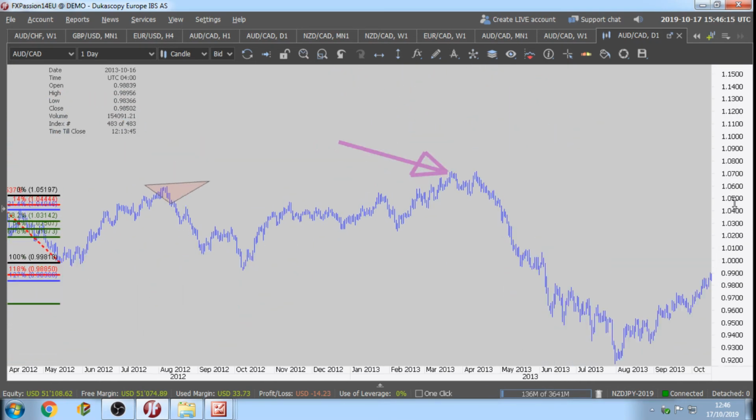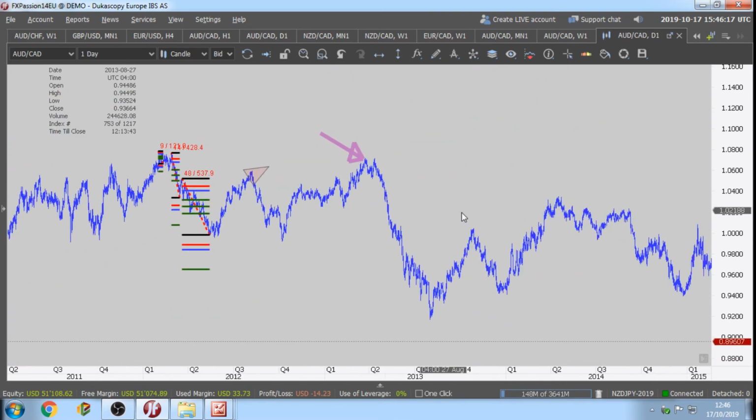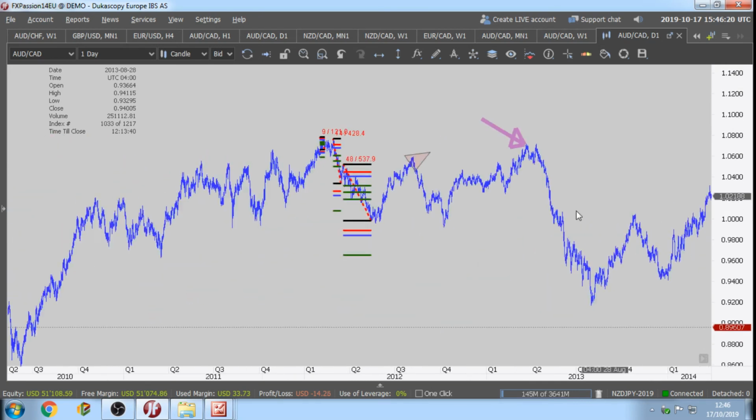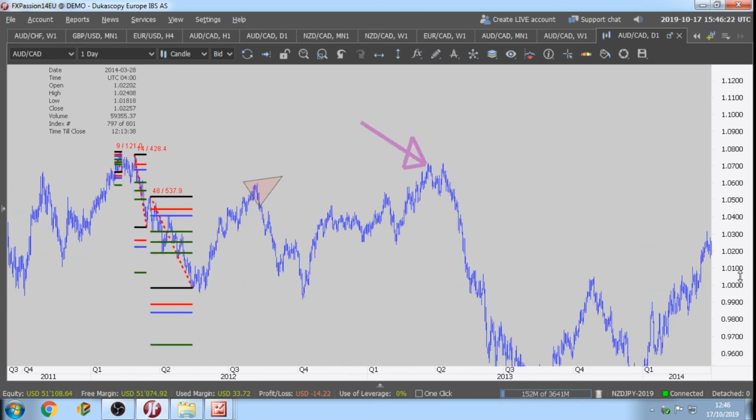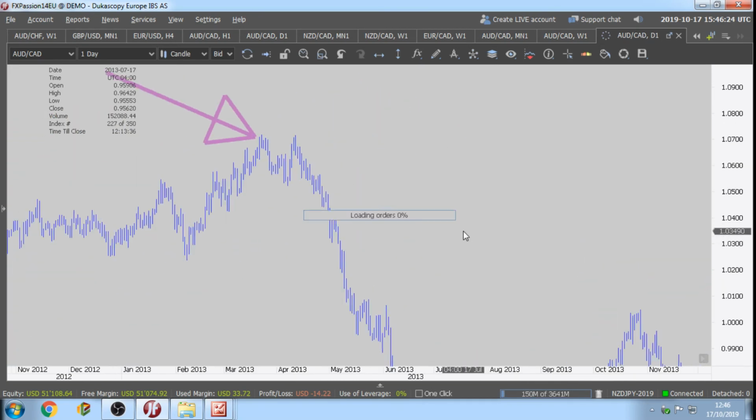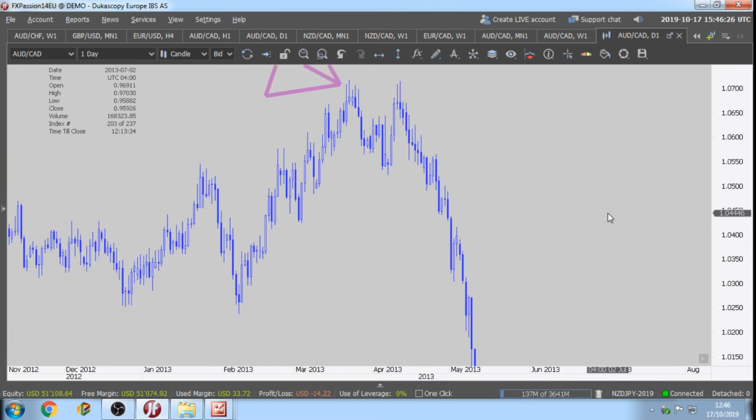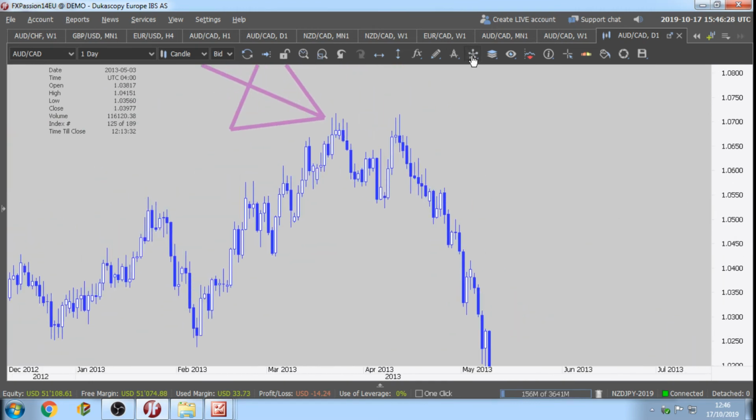So I'm going to compress the chart even further, and okay, so we can start in here. Starting here, our new sequence and Fibonacci retracement tool, which is the highest high.